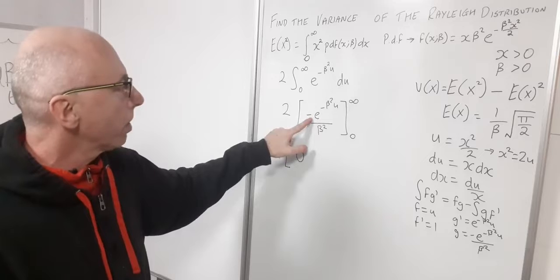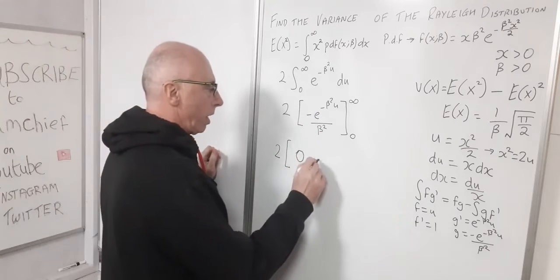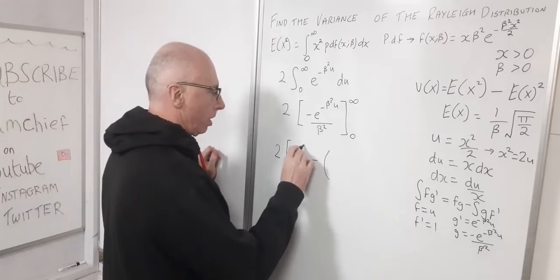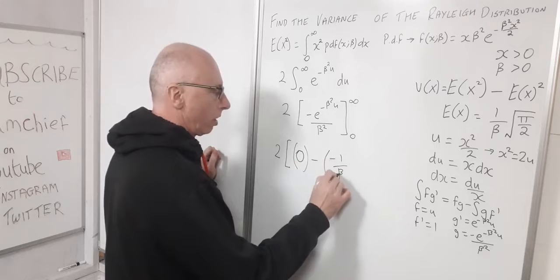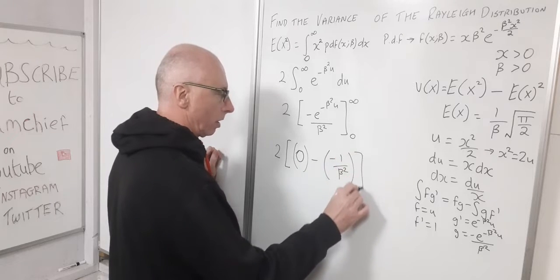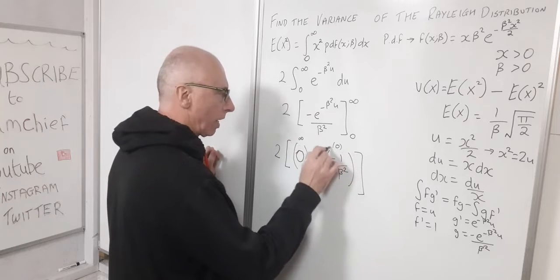But with my minus sign here, I've just got minus 1 over b squared. So I've got minus, and then here, I'll just put that for my infinity value, minus 1 over beta squared. So if I just make a note here, that's at my infinity value, that's at my 0 value.